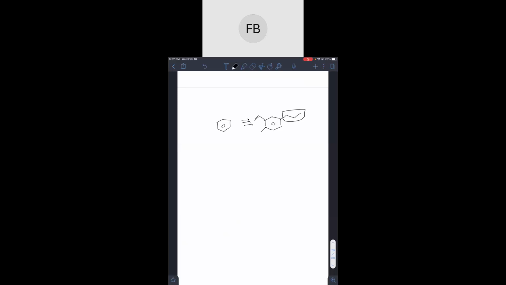Okay, so I have an idea. This one's actually pretty complicated, which is why it's bonus. So first, let's take our regular thing and attach the methyl. Yeah, that's definitely the best.